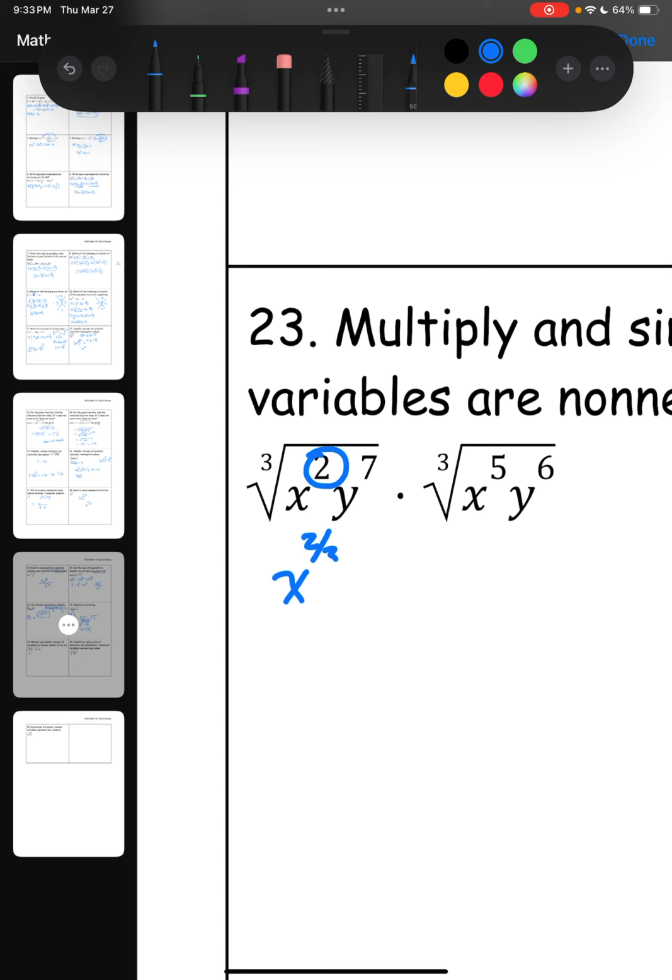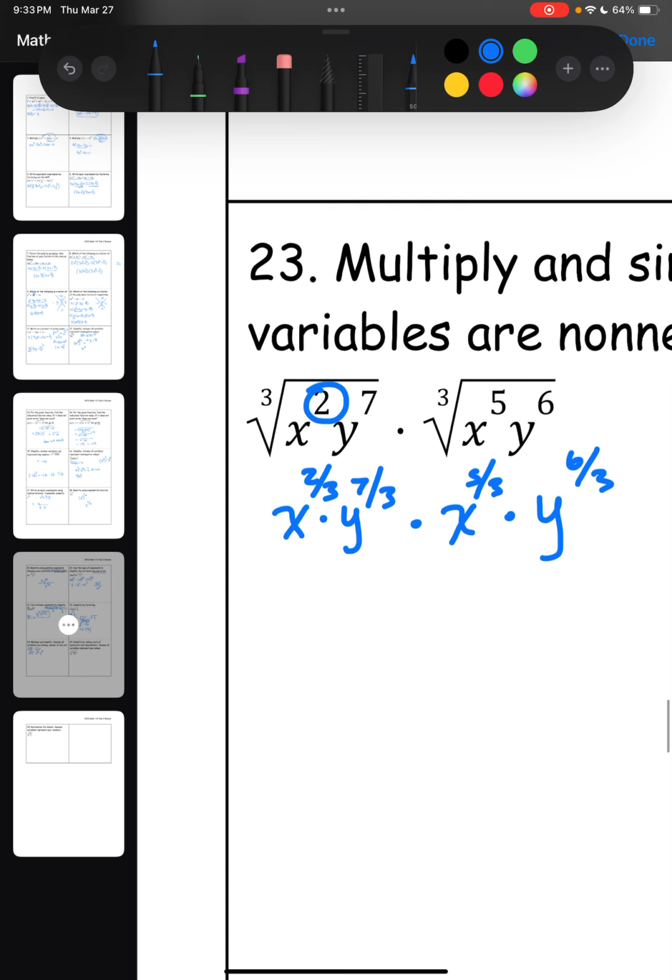So x to the 2/3. And the same pattern follows: 7 to the third, or 7 over 3, times, we have an x, again follow the pattern, 5/3, and y, sorry, I forgot the multiply there, and 6 over 3. Yes, I know they're in mixed numbers, but we're going to get there.